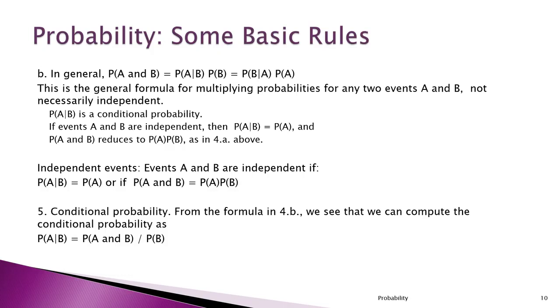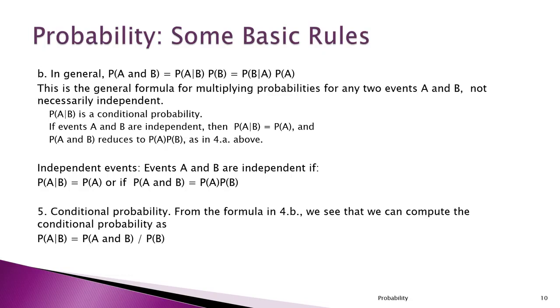And finally, we have the rule for conditional probability, or how we compute conditional probability. All we do is turn around the previous rule from number 4b, which we actually have on the same slide.